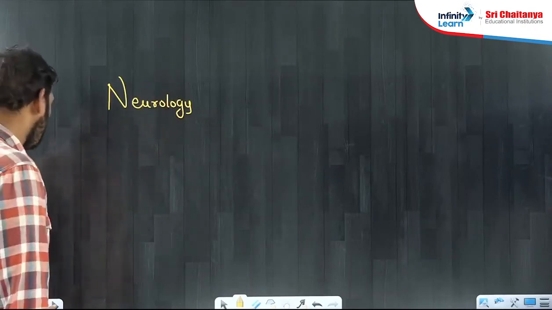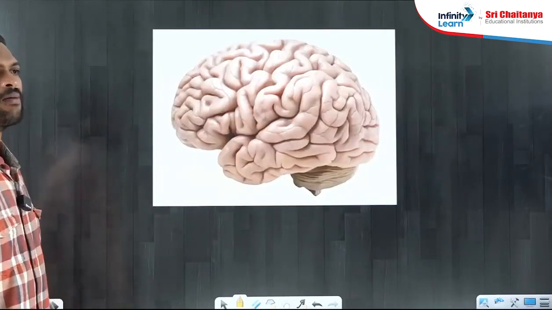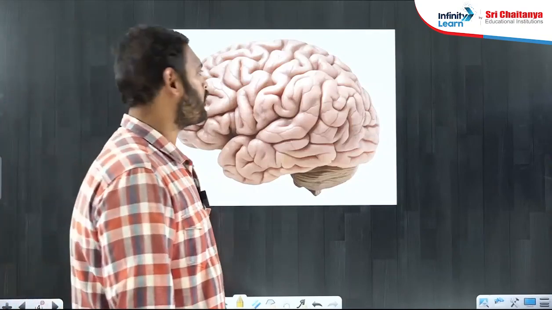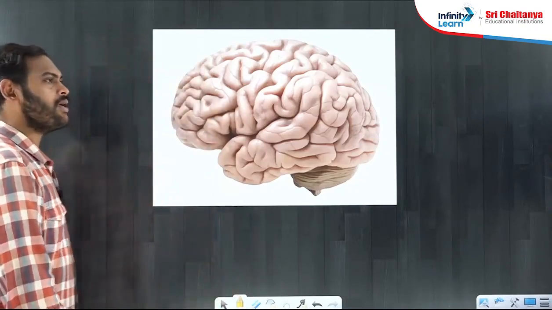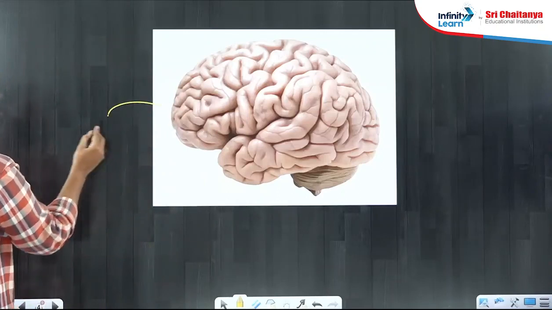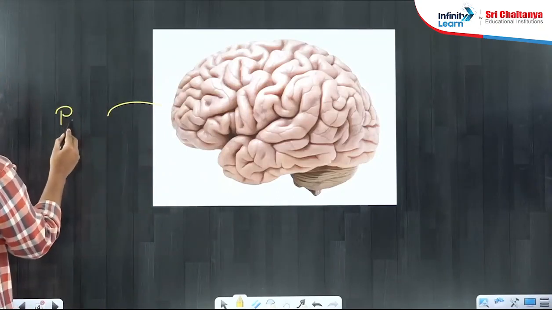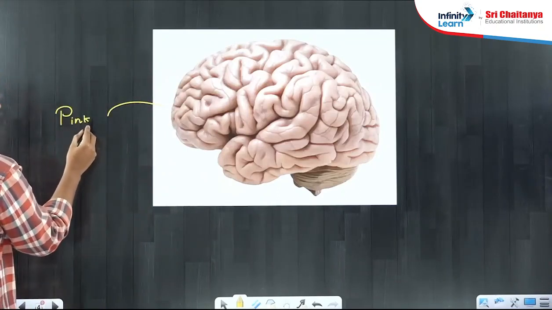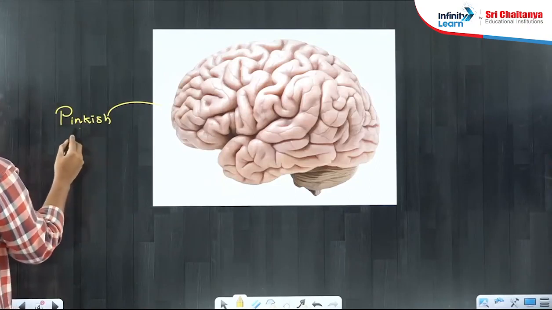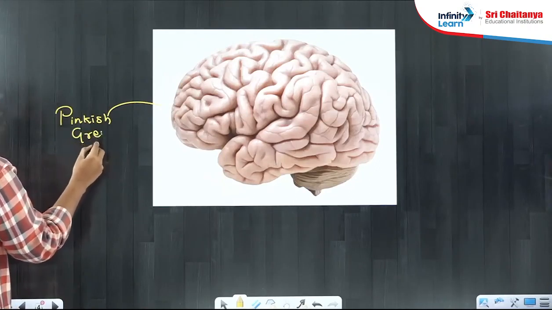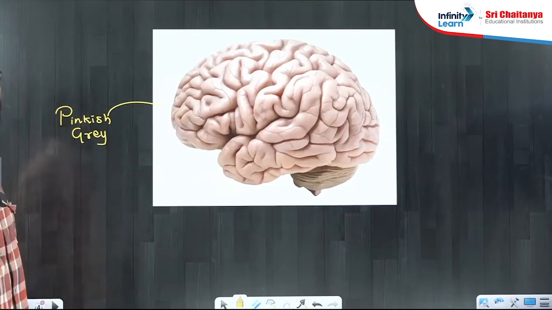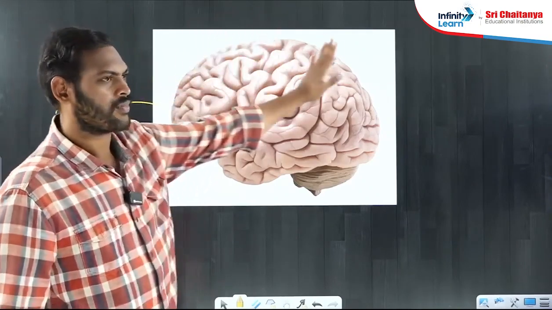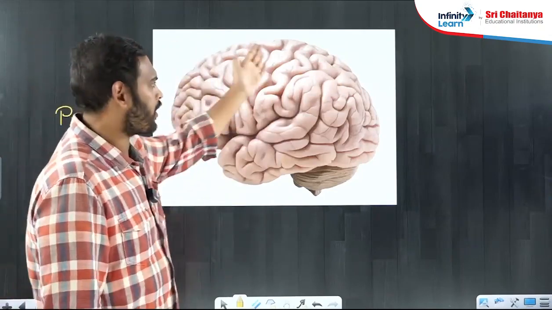Okay, now this is how the brain looks inside of your body. So you can see the brain has a slight pinkish gray appearance. This is a side view of your brain.